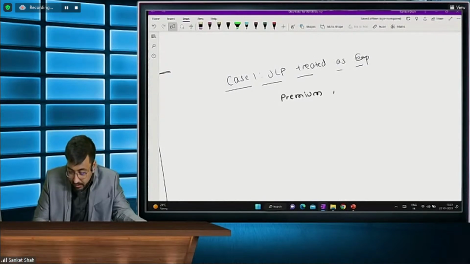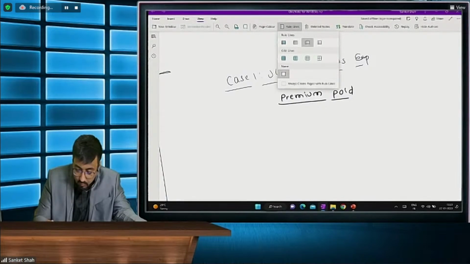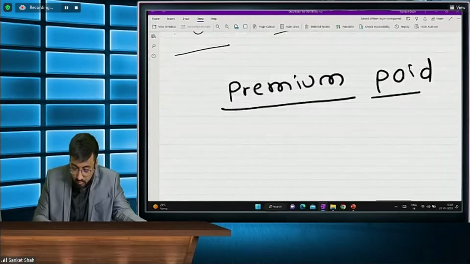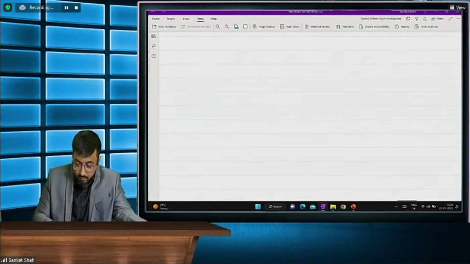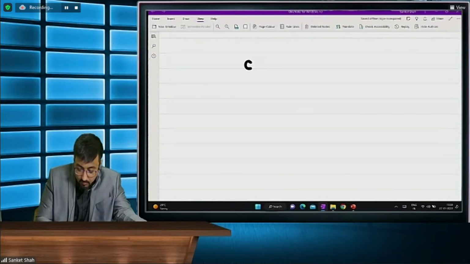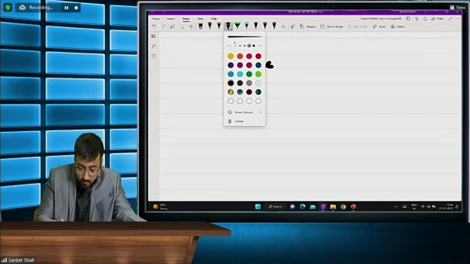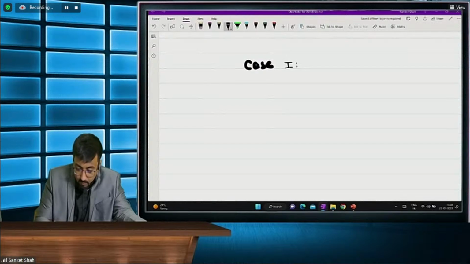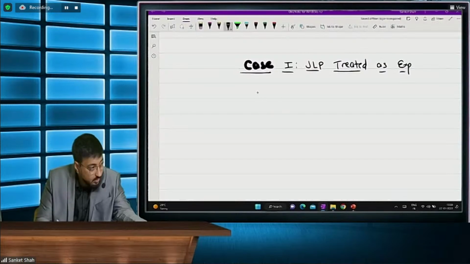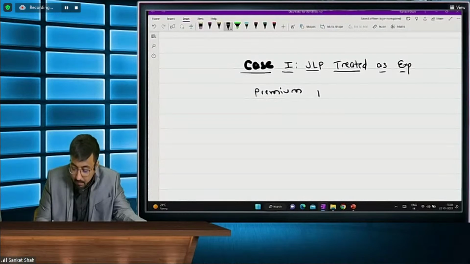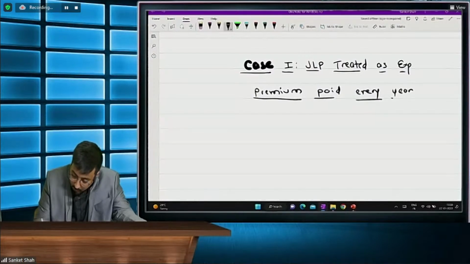When premium is paid, premium is paid every year.